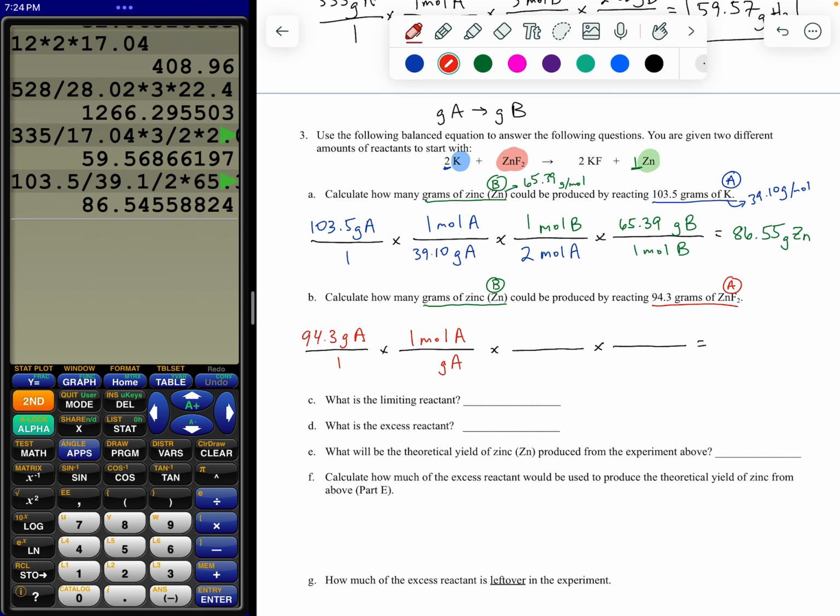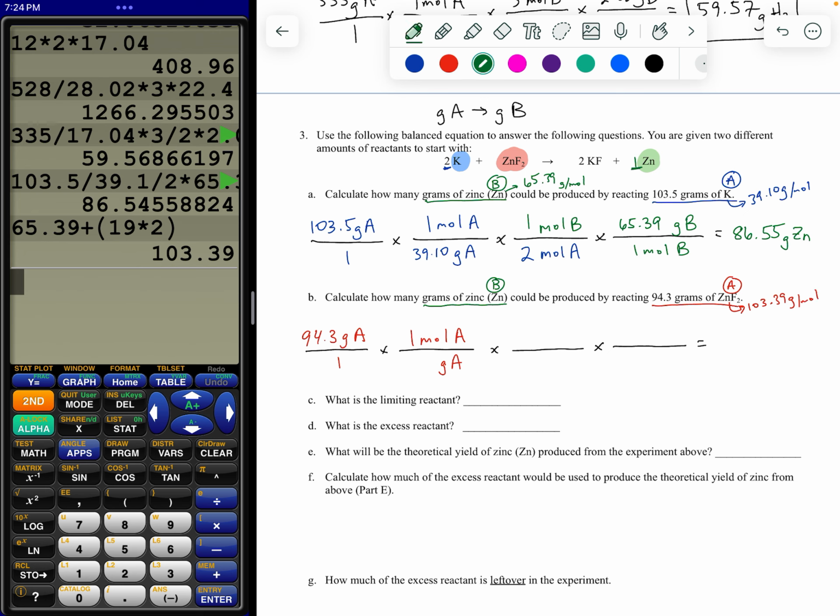So we know that we'll have to find the molar mass of zinc fluoride. That's going to be, of course, our 65.39 plus 19 times 2 because there's 2 fluoride ions, and we get 103.39 grams per mole.